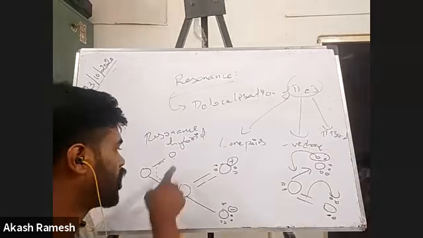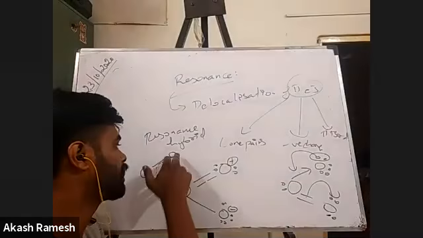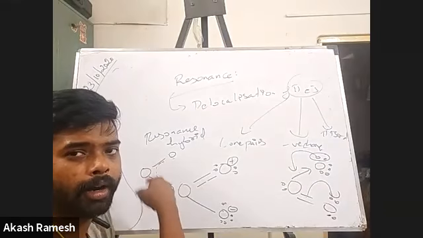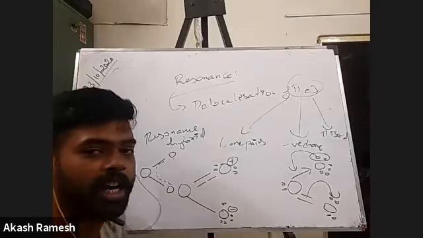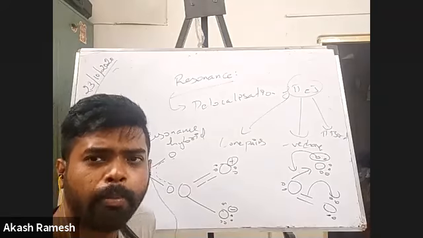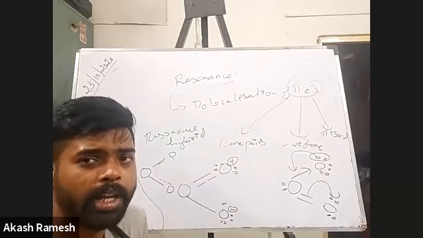So you will represent it like this. What you're getting is a dotted line, a dotted curve I would say, starting from here and ending here. Now this indicates that the pi bond is oscillating between this oxygen atom and this oxygen atom. Okay, right? So now if I check the bond length, I told you double bonds are stronger, single bonds are weaker.